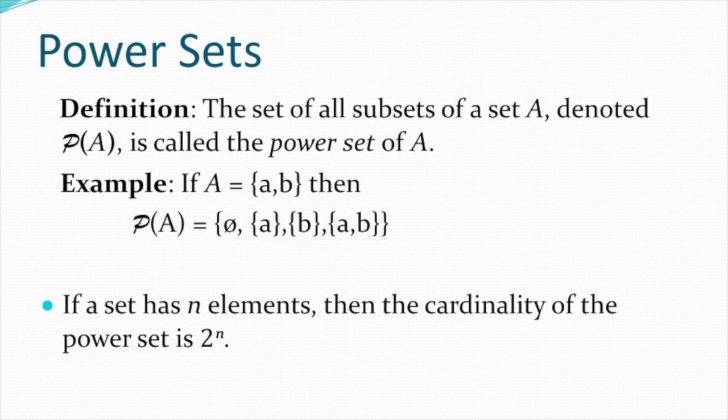Now there is also another example of sets called the power set, where we have all subsets of a set like A, denoted by P(A), called the power set of A. So if A has the elements small a and small b, then the power set of A, which is the combination of all elements in this set, will be phi, because phi is a subset of any set, then a alone, b alone, and a and b together, because a and b is a subset of that set.